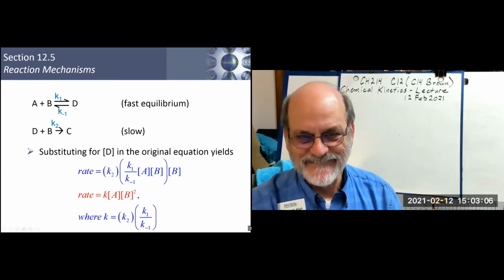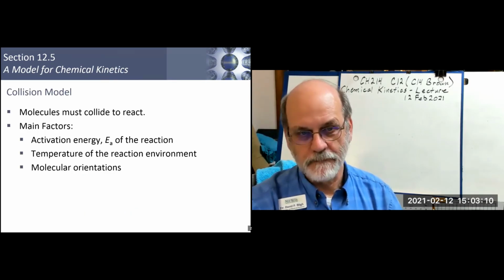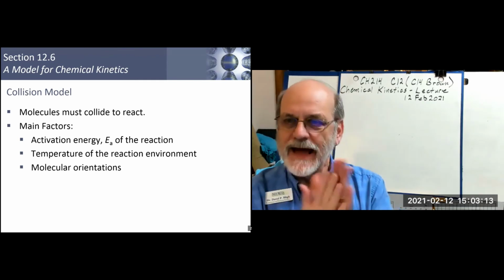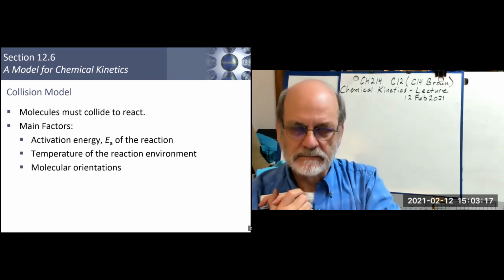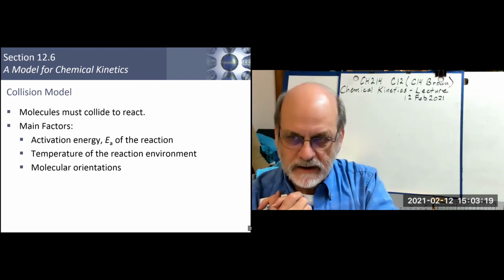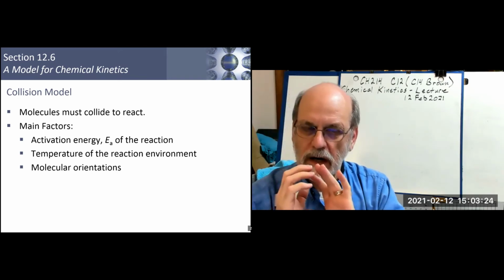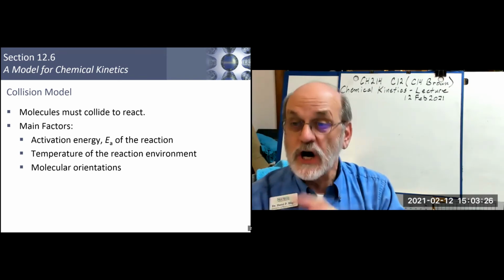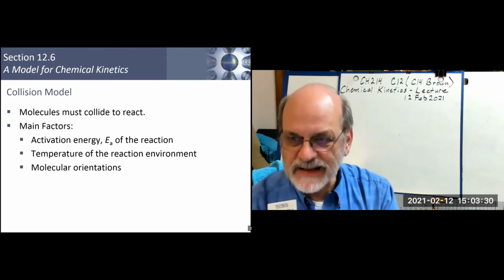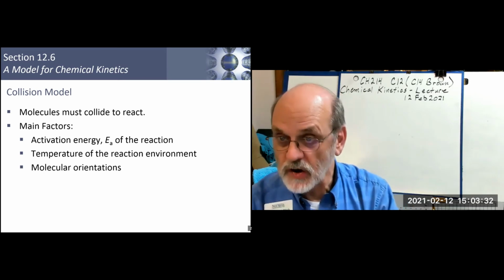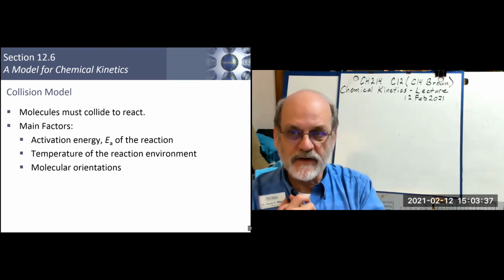Okay, so there's reaction mechanisms. Now, we're going to propose a model, a theory, that will govern reaction rates and explain why some are fast, some are slow, and so forth, and even how to quantify some of the information.